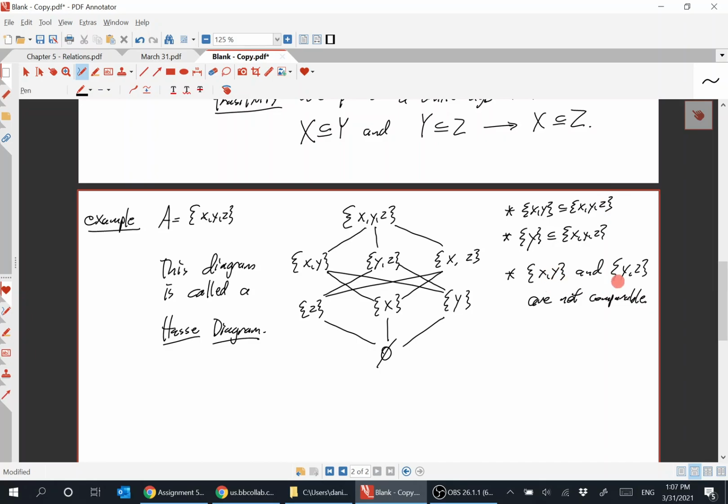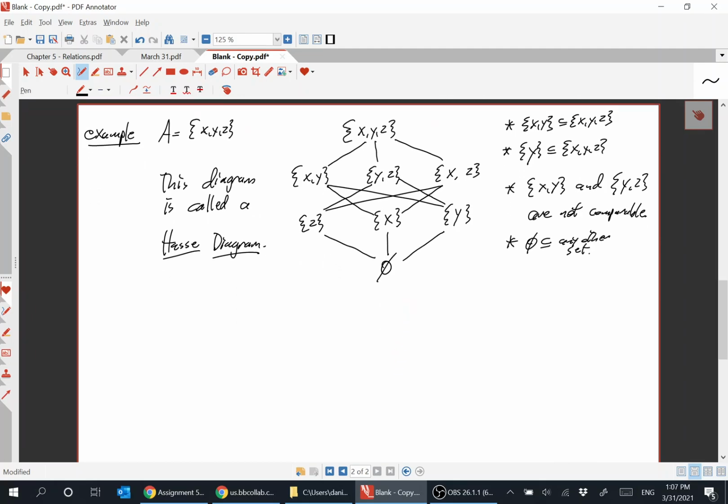And then the sets {x, y} and {y, z} are not comparable. Neither is one a subset of the other, or the other way around. And of course, the empty set is a subset of any other set, including itself. And so that's a classical partial ordering. But then again, there are total orderings, that you're used to when you just talk about the classical meaning of this symbol.